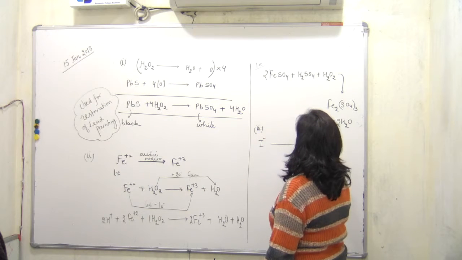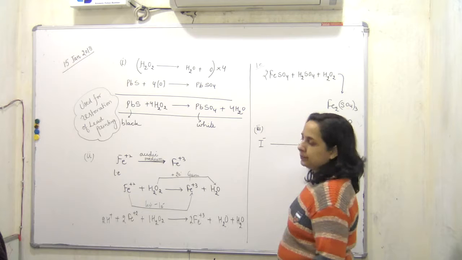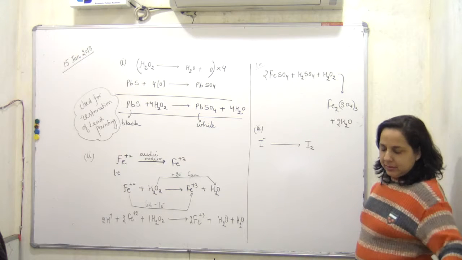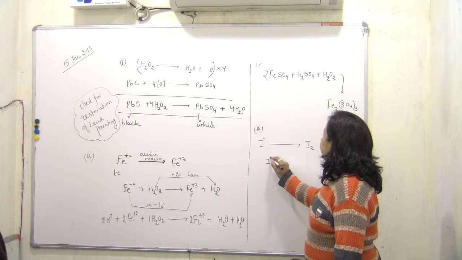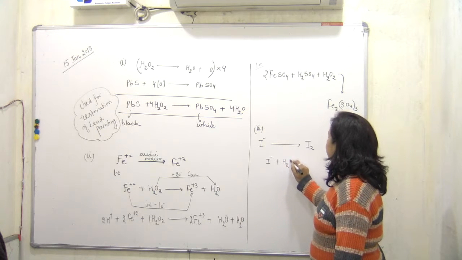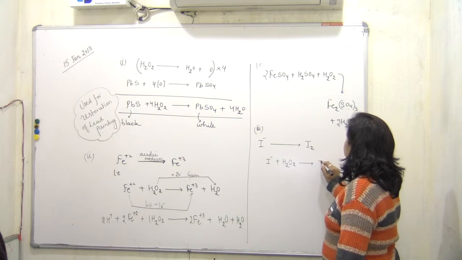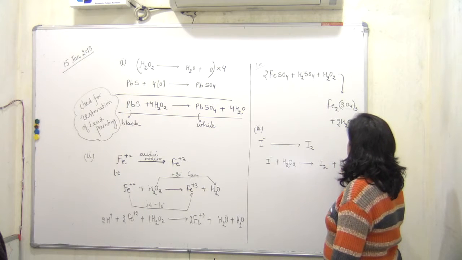Iodide can be oxidized to I2. That means I negative plus hydrogen peroxide gives I2 plus water.